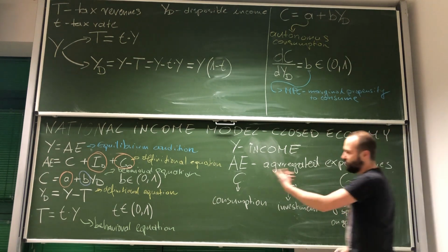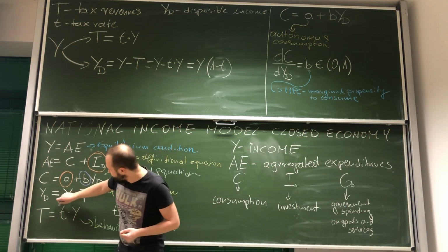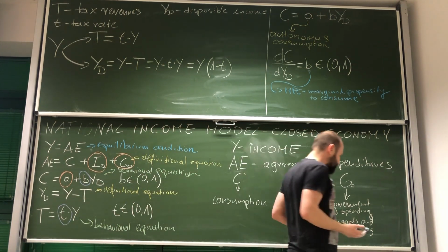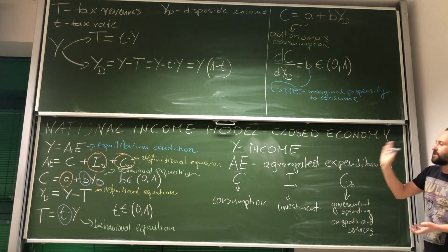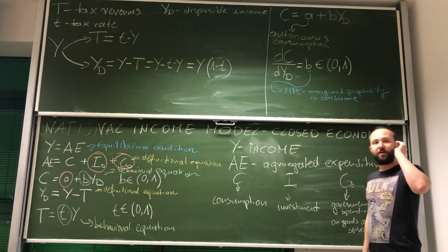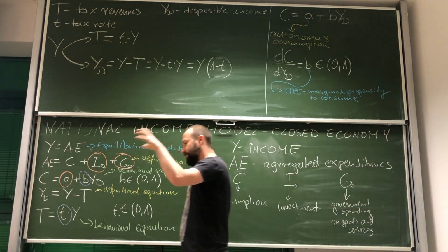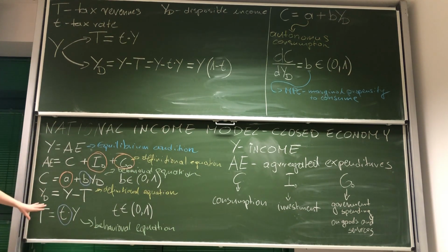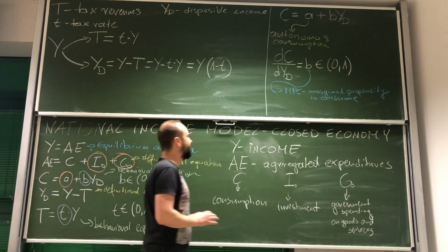And the same thing with the tax rate. We are also assuming the government has decided on some level of tax rate, some percentage of our income that we need to pay to the government. So we are not trying to explain either of those within the model. We are taking them as given.